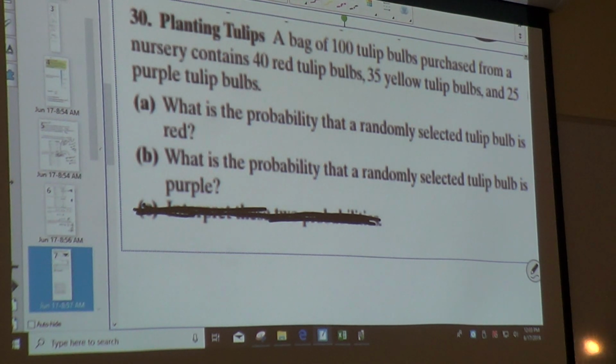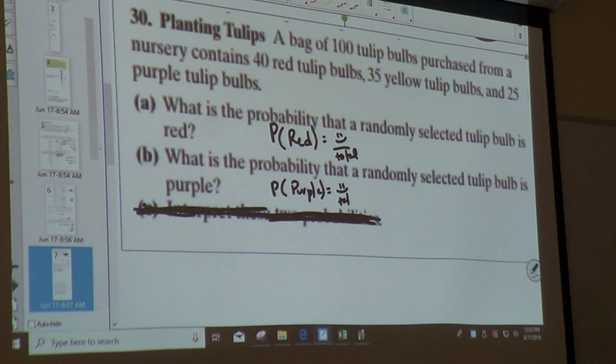All right, anytime I hear probability, probability means what makes me happy. We have 100 tulips, 40 of them are red, 35 are yellow, 25 are purple.